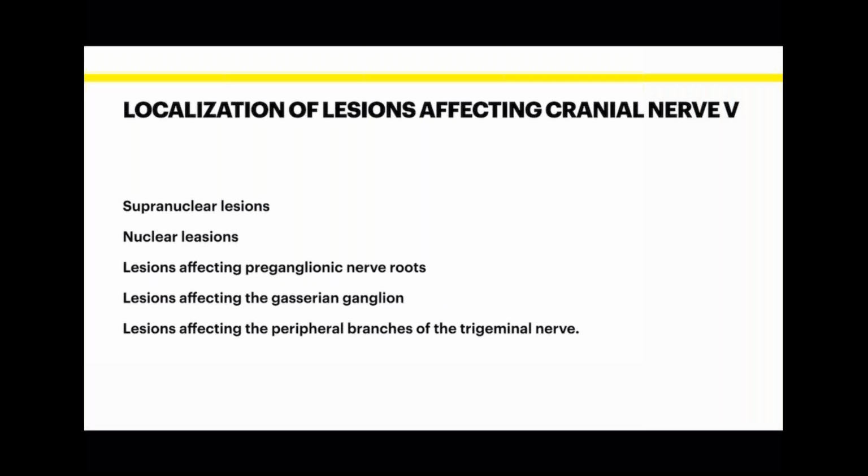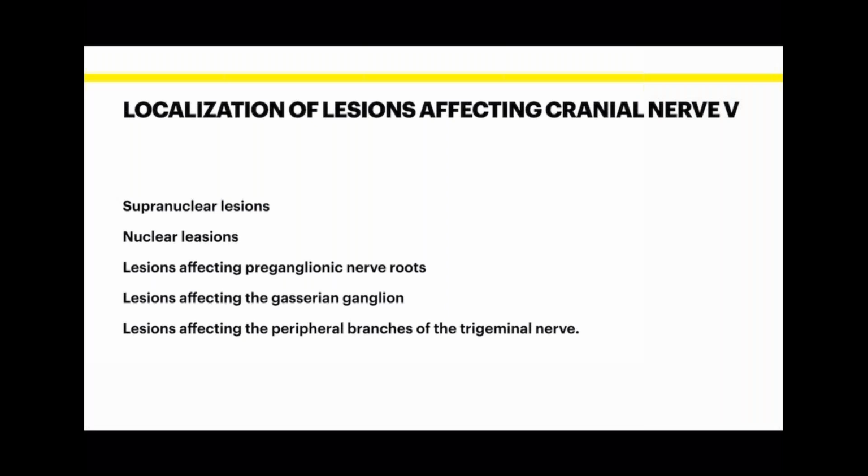If it is supranuclear, anything coming from above, from the cortex or the corticobulbar fibers going down to the nucleus itself. Then moving to lesions affecting the pre-ganglion, which is the nerve roots between the nucleus and the ganglion, or lesions affecting the ganglion itself, or after the ganglion and the branches.